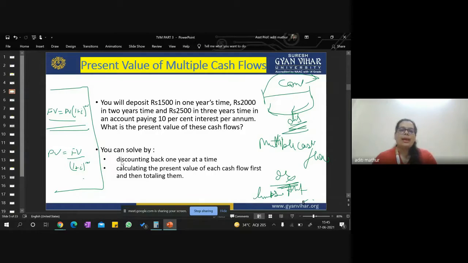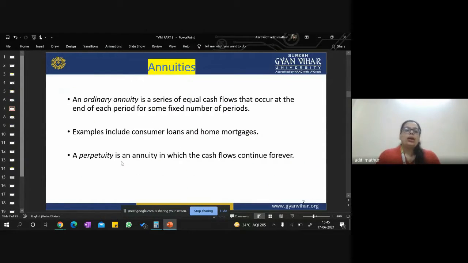Okay, so this is it for the present value and future value calculation for multiple cash flows or the lump sum amount. Now let's move ahead and talk about annuities. So what is an annuity? An ordinary annuity is a series of equal cash flows that occurs at the end of each period for some fixed number of periods. So what are we talking about?